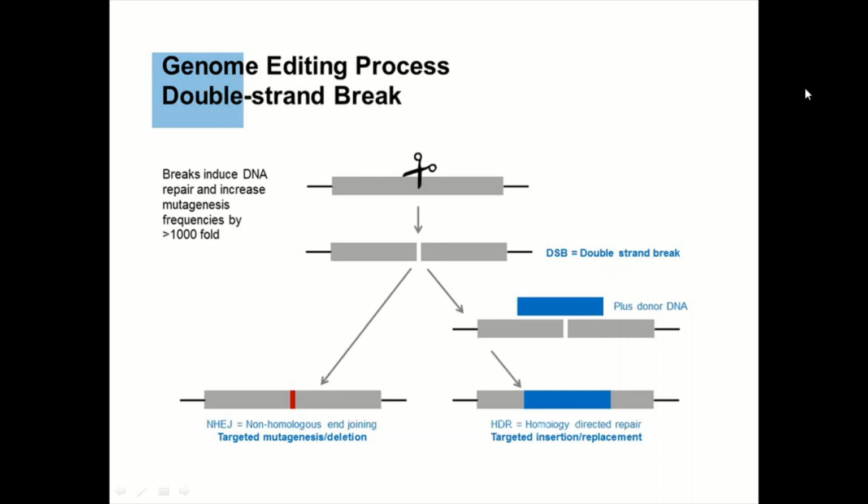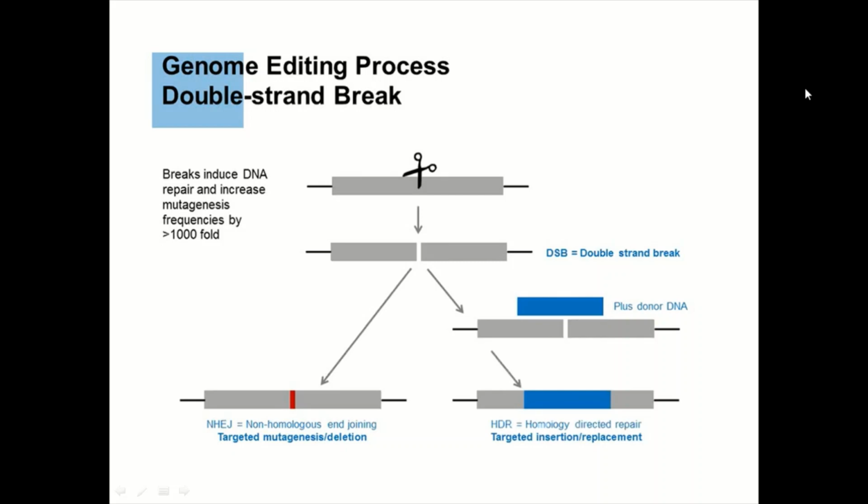This is often accompanied by a mutation which can cause deletion of a functional element of a gene. In the presence of donor DNA, insertion or replacement of a gene can take place via the homology-directed repair process, also known as HDR.